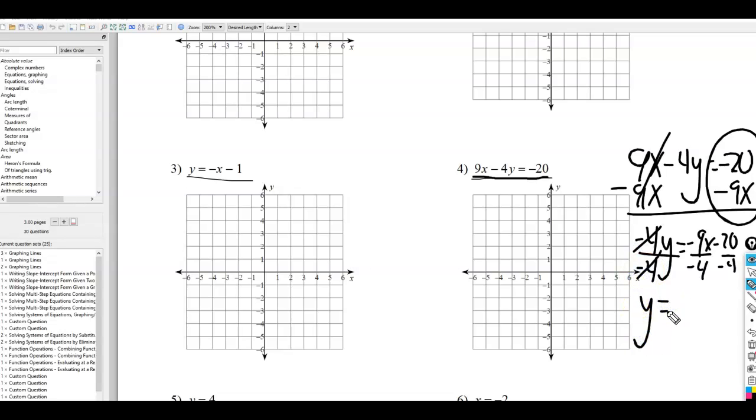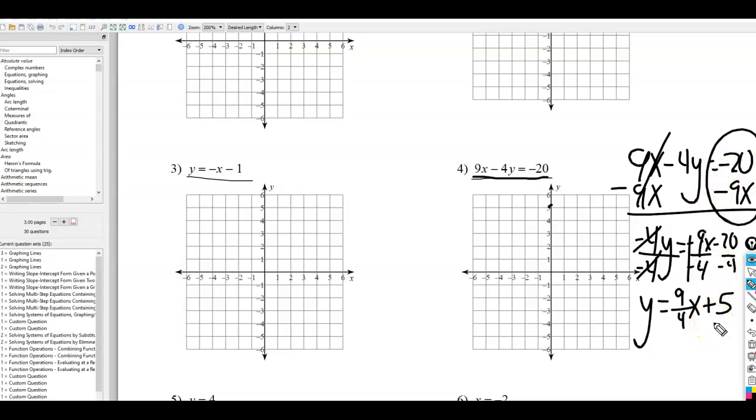In this case, 9 and 4 can't really be simplified, but their negatives do cancel out. So we're left with 9 over 4x. And then negative 20 divided by negative 4 is positive 5. And now we'll just graph it the same way we graphed the last 3. So that's kind of the new part to this problem. Knowing how to get that y by itself so it's in the right form to graph.